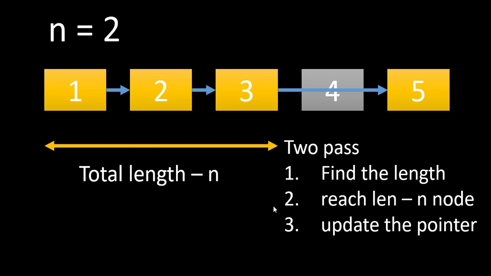Now, the question arises how we can delete the node in a single pass. So, we do not need to find the total length of the linked list. We can perform the same operations without knowing that also. So, let us reverse engineer the answer that we are expecting from this particular problem.